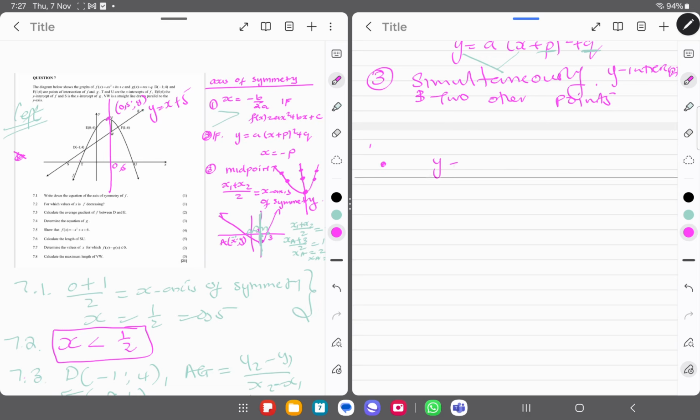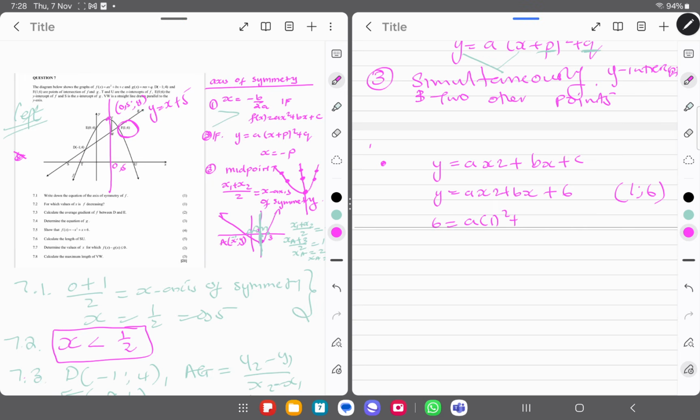So I'm going to have y equals ax squared plus bx plus c. c is 6. Now I'm going to substitute 1 point, which is 1 and 6. So this is 6 equals a(1) squared plus b(1) plus 6. 6 minus 6 equals a plus b. 0 equals a plus b, so minus b equals a.